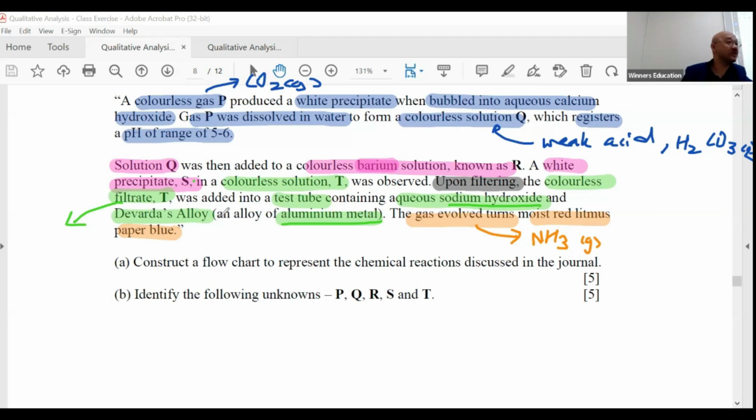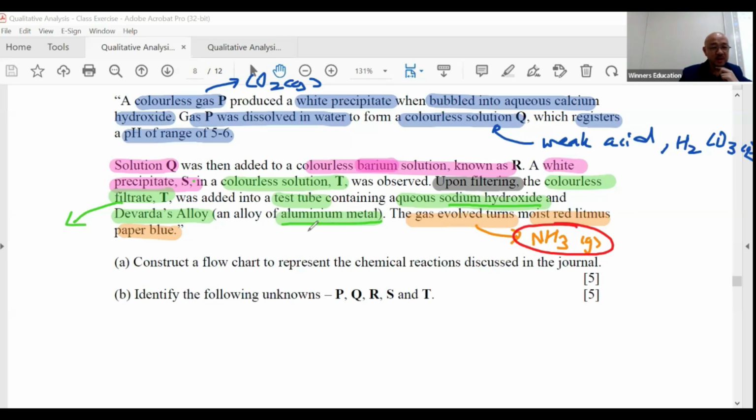T contains what? Don't be greedy, part solve. Take a look at the cation and anion tests. When do you get ammonia gas?